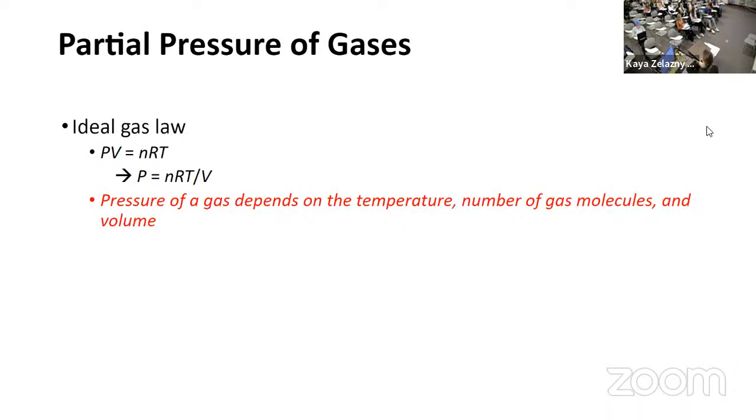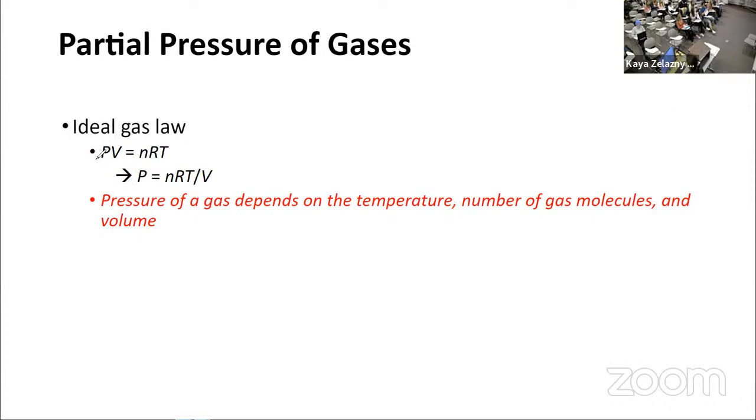So to understand the partial pressure of the gases, first we're going to think about that ideal gas law. Before, we were looking at this because we were looking at that trade-off between the pressure and volume, right? We had a sort of inverse relationship between the pressure and the volume here. You can see we divided by the volume, which is why we have that trade-off. The pressure goes up, volume goes down, vice versa, okay?